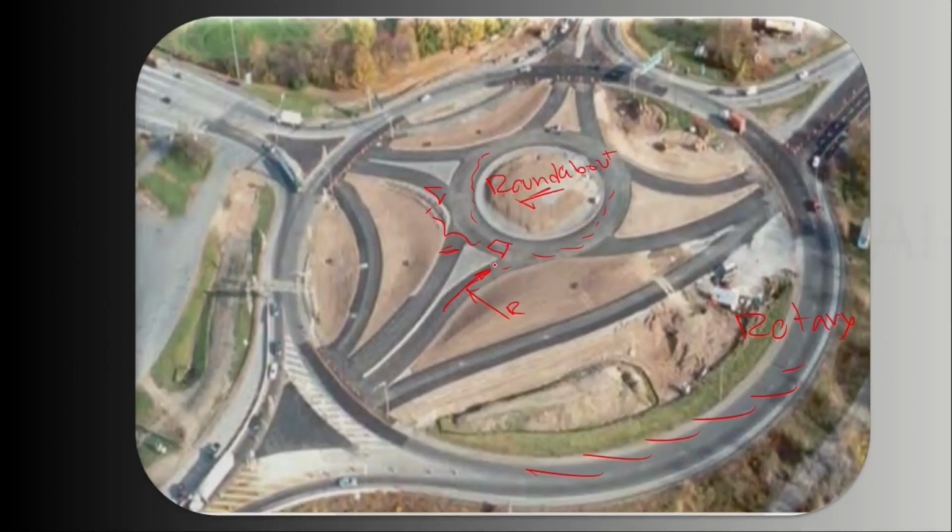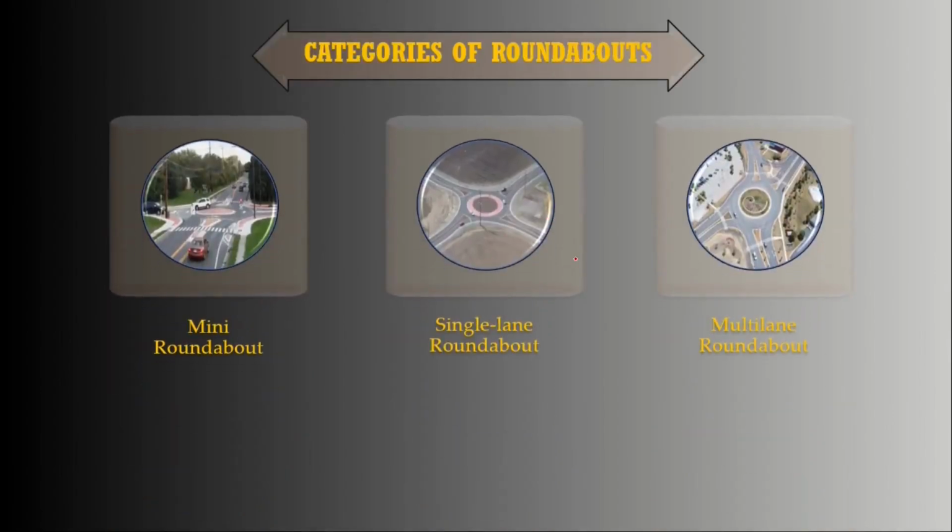All right, now that we know the distinguishing features between roundabouts and rotaries, let's start discussing different categories of roundabouts. Based on size and some special features, roundabouts can be separated into three categories.